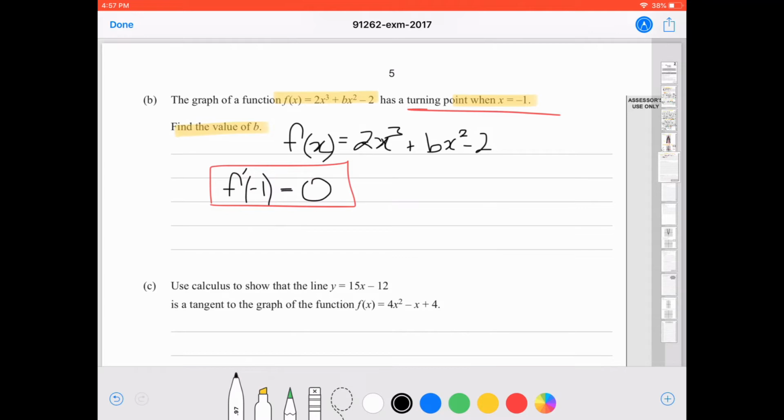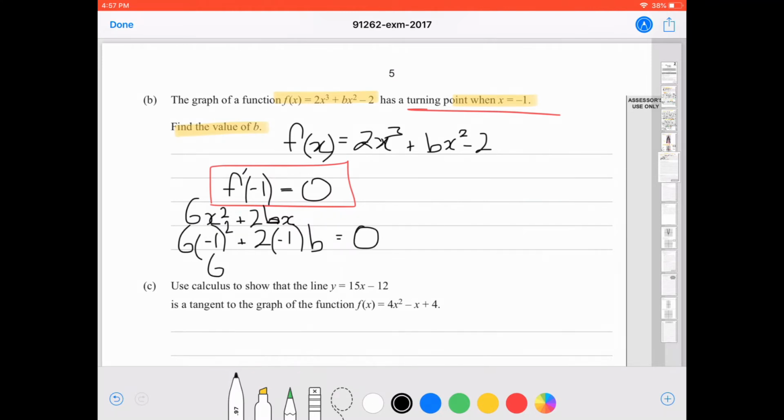So this is our equation we're going to work with. So I guess the first thing we could do is derive. So we've got 6x squared plus 2bx. And so we're going to say 6 times -1, so inputting this -1 now, -1 squared plus 2 times -1 times b equals 0.